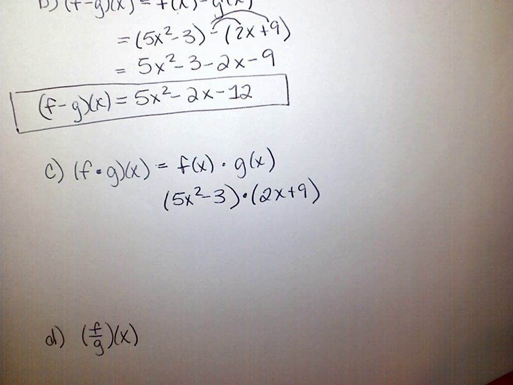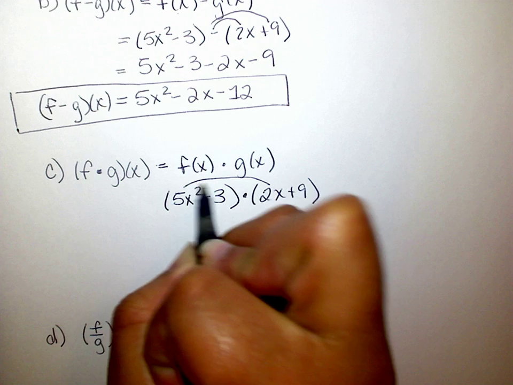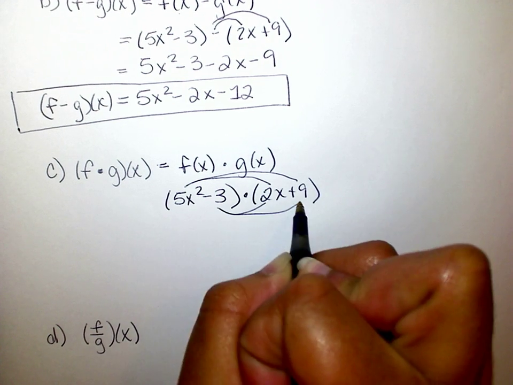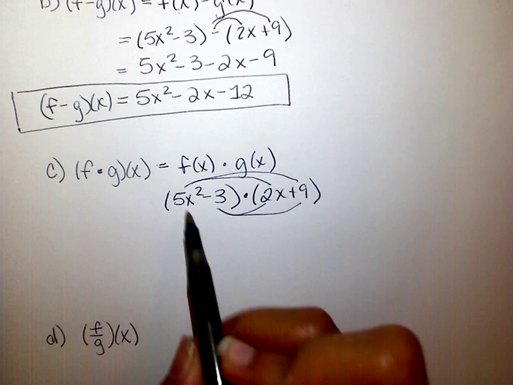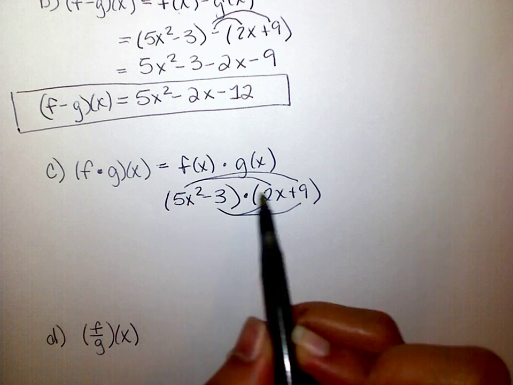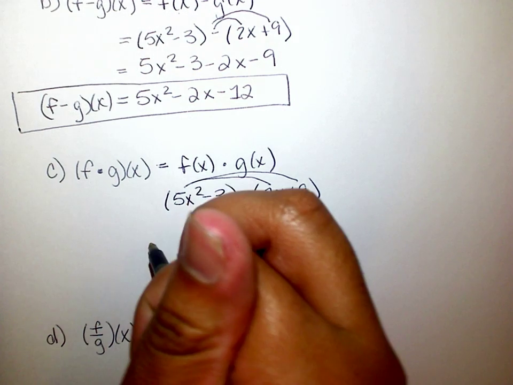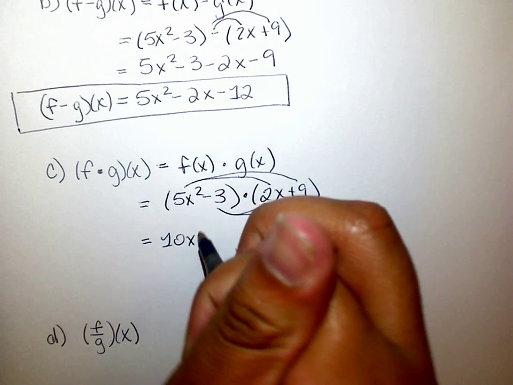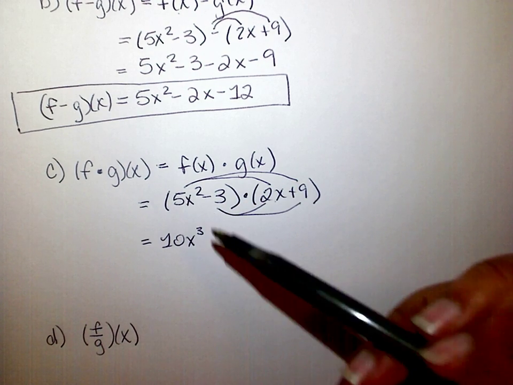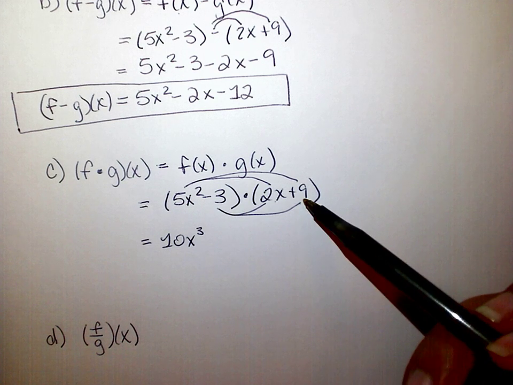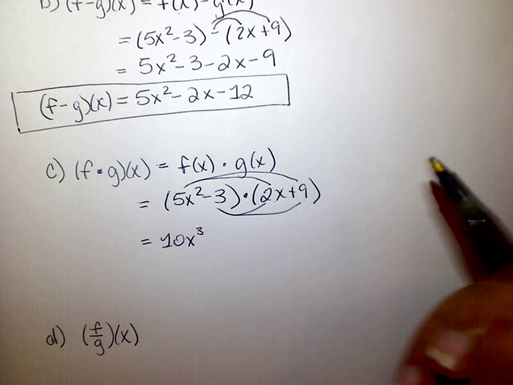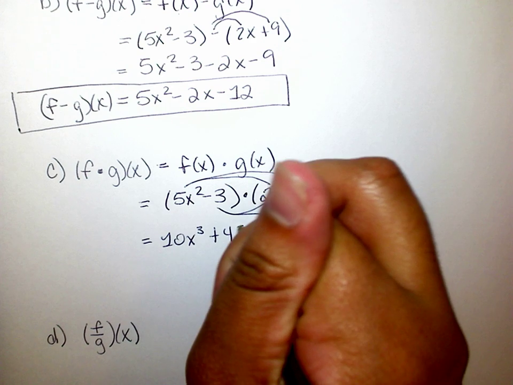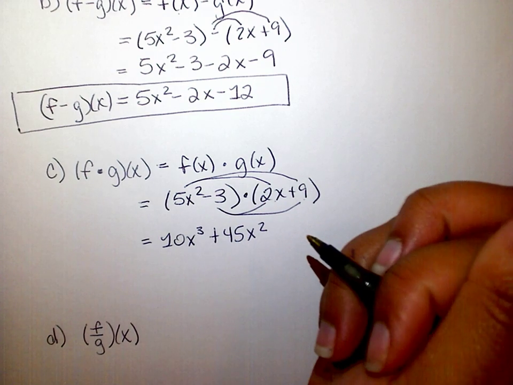So now we are going to double distribute. So you can use the box. I'm just going to do it like this. Alright, so 5x squared times 2x gives us 10x cubed. 5x squared times 9 gives us 45x squared.